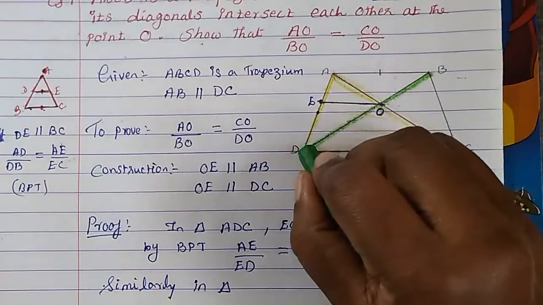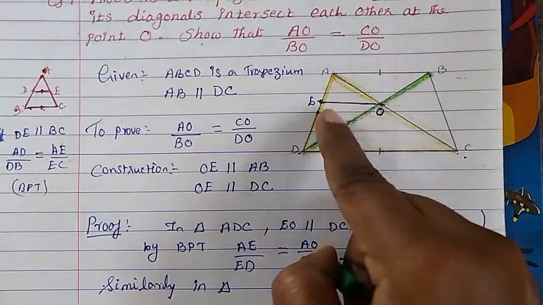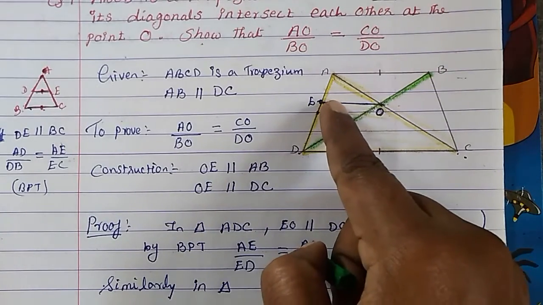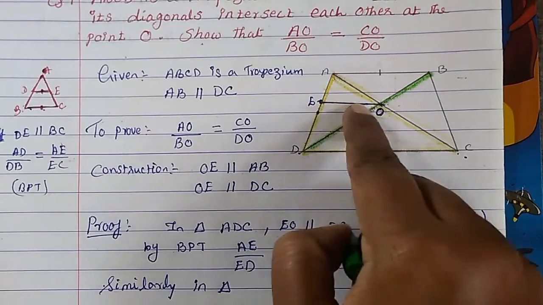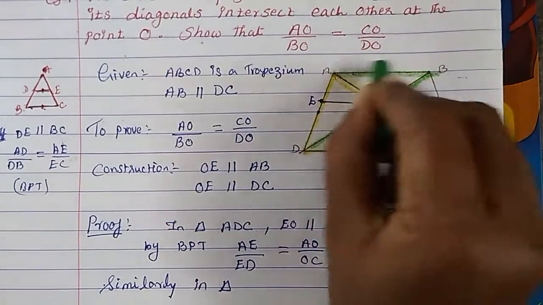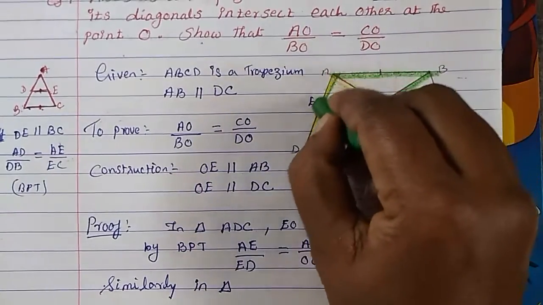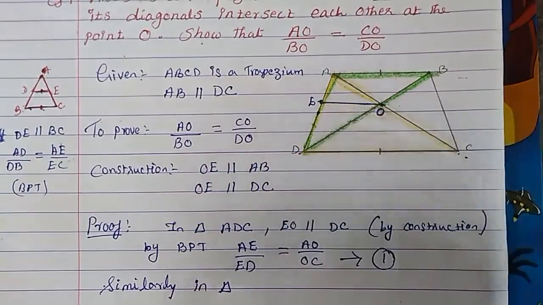If you take the other diagonal, which triangle is formed? Because the construction is here, right? So we have to consider this. This is parallel to AB. So AB is parallel to EO, and we'll take this triangle.